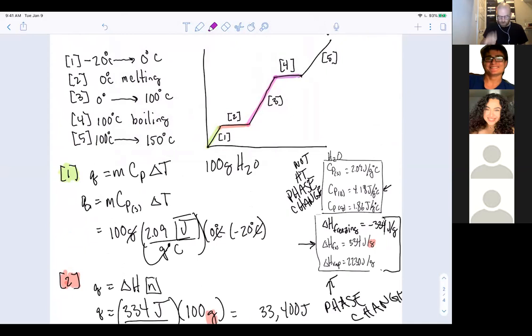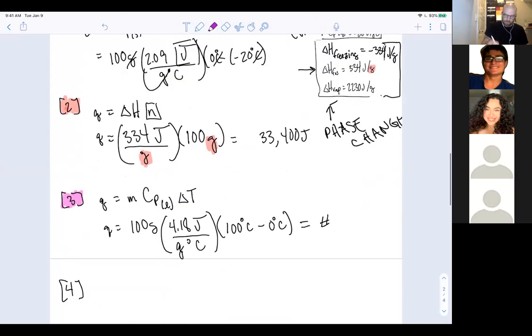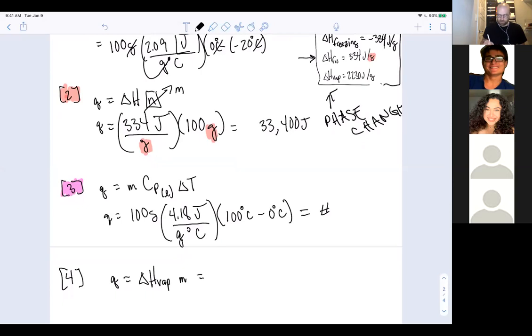Yeah, when we get to 4, now we're looking at a phase transition. So we're at 100 degrees, so we know we're going through boiling. And so we're just going to use the delta H of vaporization, multiplied in this case times the mass. So remember up here we're using mass, not the number of moles. 2,230 grams.